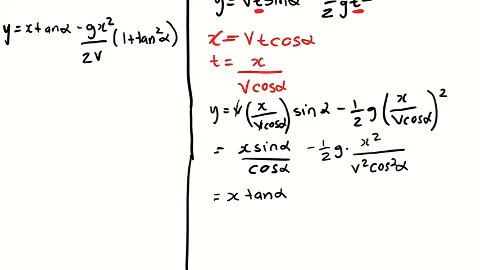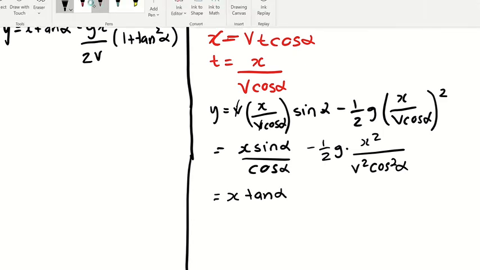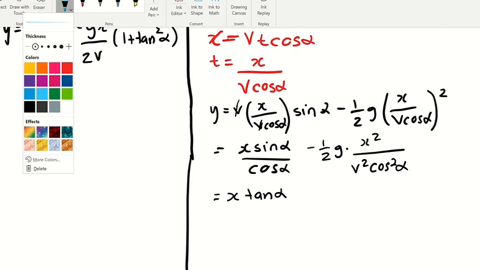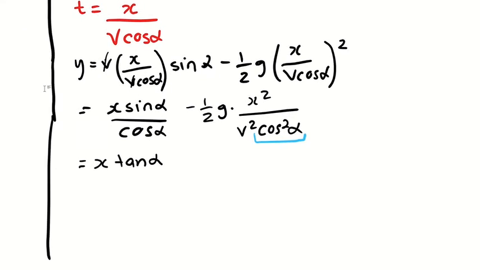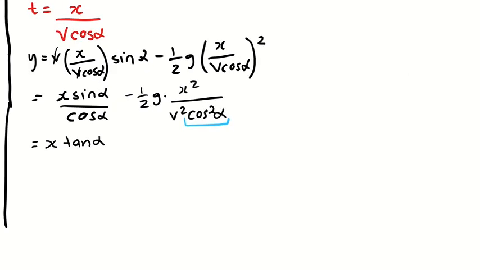Now, on a little side note, what they've done here is replaced 1 over cos squared with 1 plus tan squared. The reasoning is, this cos value here is really 1 over cos squared alpha, because cos is on the bottom, which is the same thing as sec squared alpha.